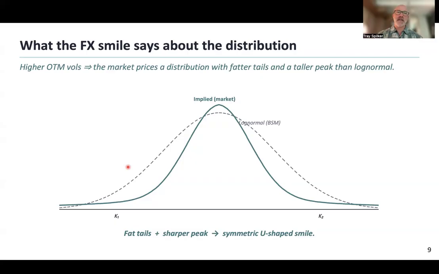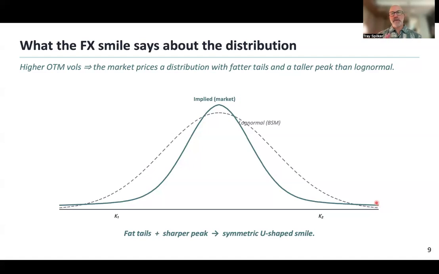So we end up with fat tails on both sides, and you can see that here. Here's our implied line in the solid graph. So there's fatter tails here, meaning the implied distribution is above the log normal distribution at the tails, right? And that's true on both sides.